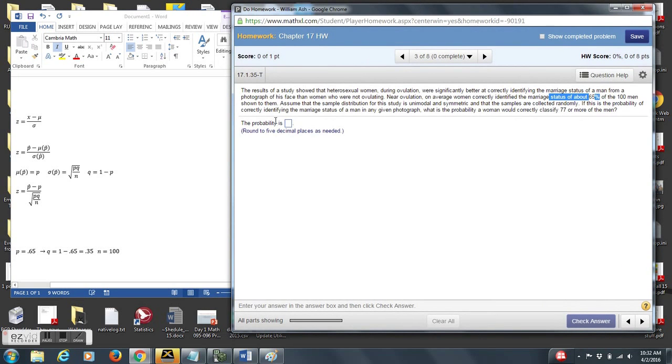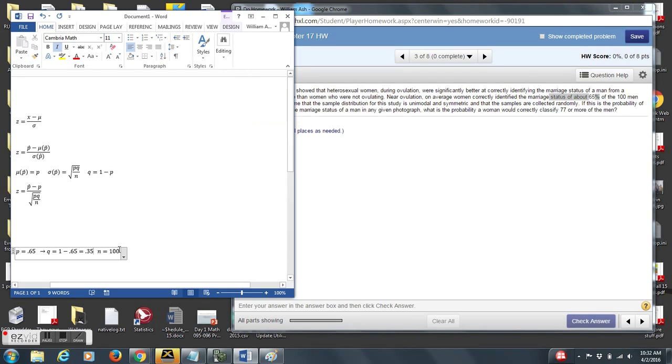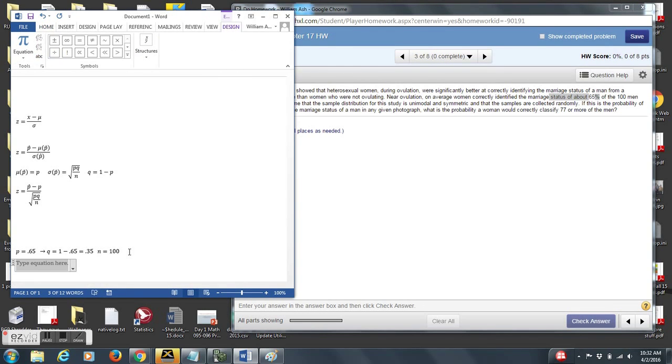So what they're asking for is the probability that you would get a sample proportion of more than 0.77. So we're looking for the probability that your sample proportion is greater than 0.77. The first thing you have to do is take that 0.77 and, just like before, turn it into a z-score with this formula.